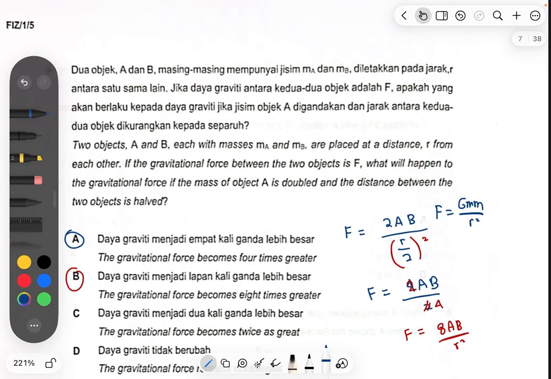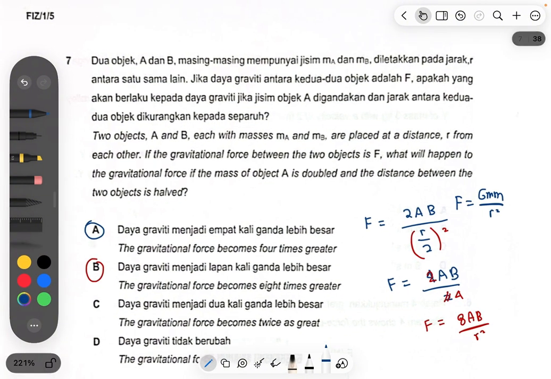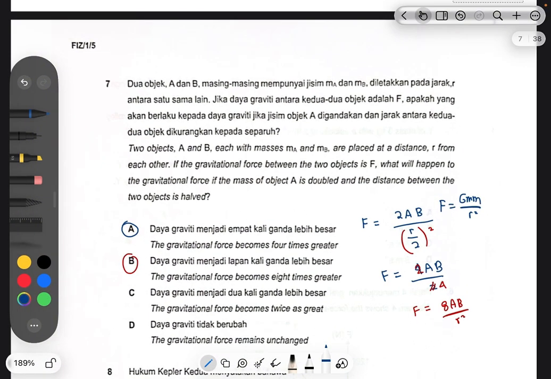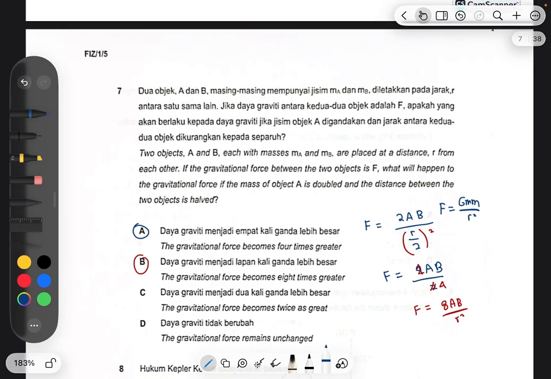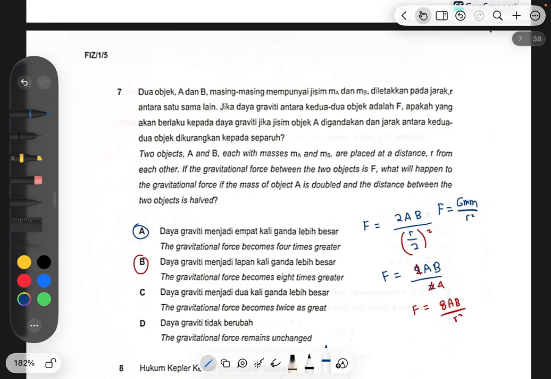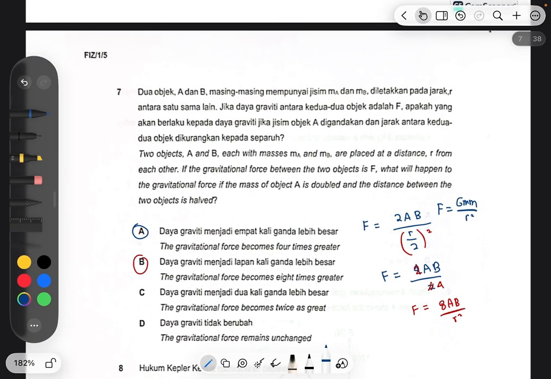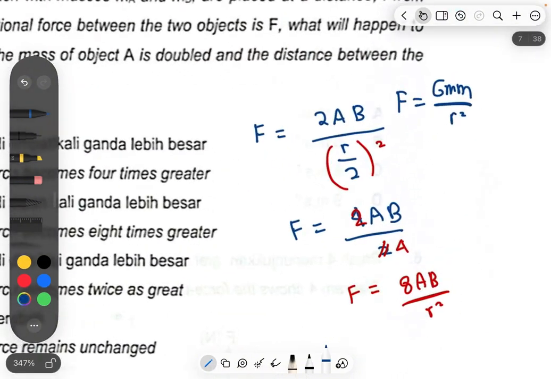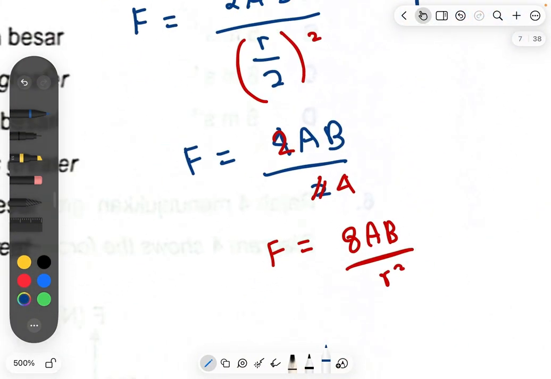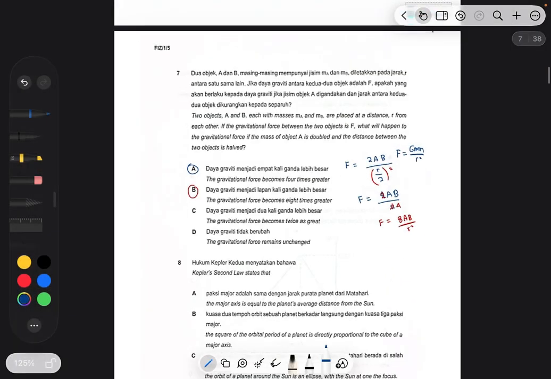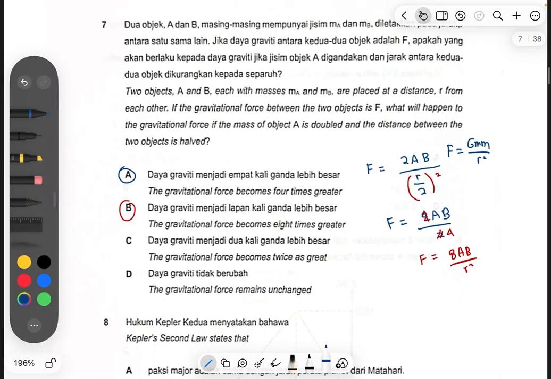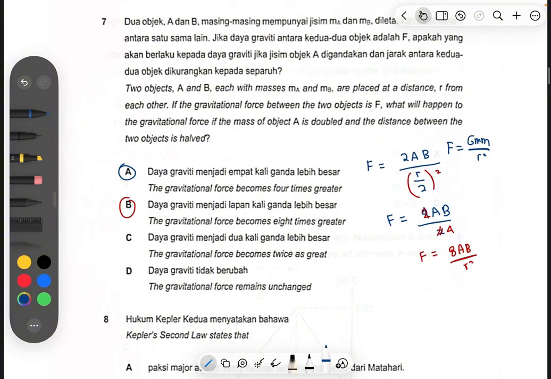Two objects A and B, each with masses ma and mb, are placed at a distance r from each other, and if the gravitational force between the two objects is F, what will happen to the gravitational force if the mass of object A is doubled and the distance between the two objects is halved? So you just substitute, and then you rearrange and you get 8 GMaMb over r squared. So the answer is the gravitational force becomes 8 times greater.